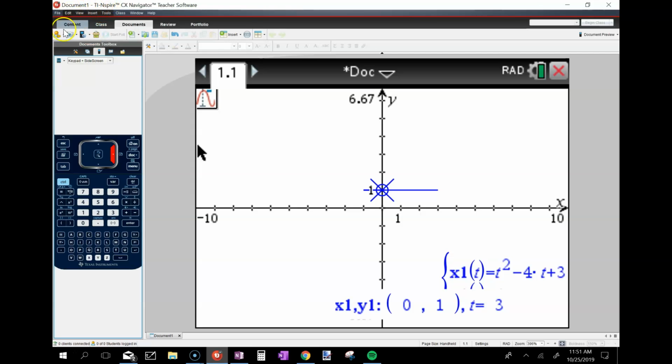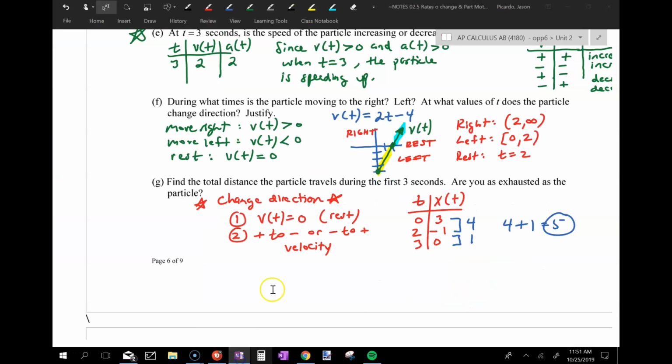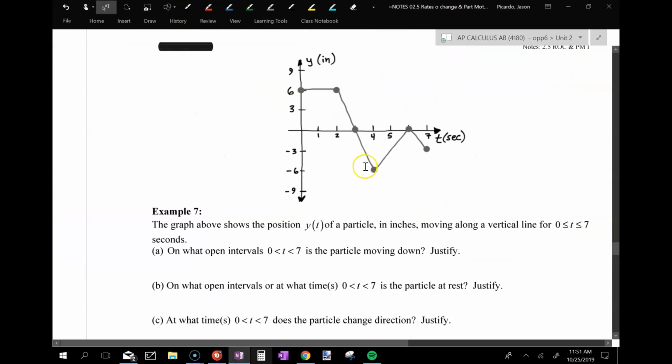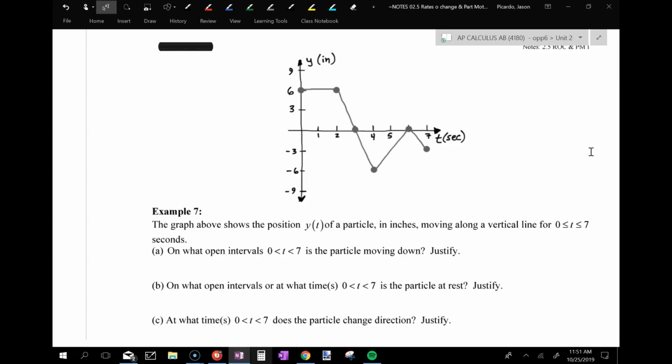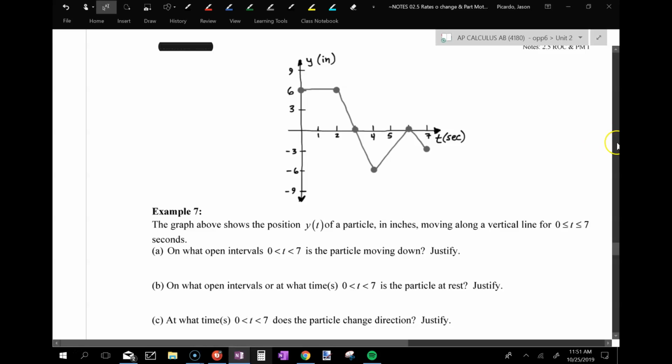Next page. All right, so the only difference, guys, the only difference, Michael, from what we just did and what we're going to do now is instead of me giving you a function, I give you a graph. Okay?